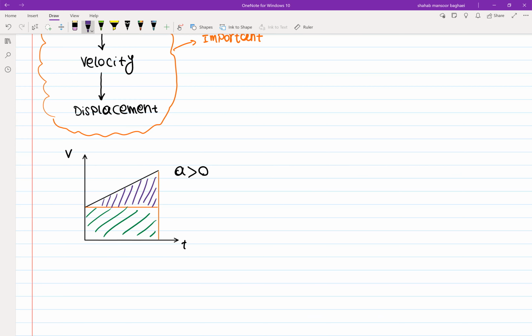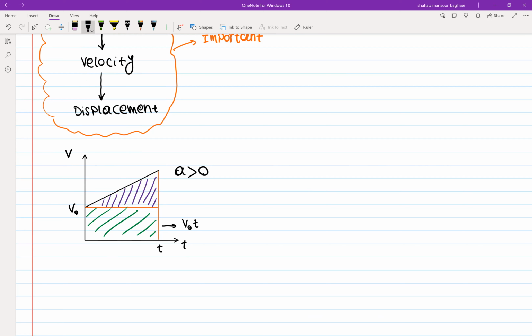In other words, the area under this graph is the area of the green part plus the area of the purple part. What is the area of the green part? You know, this is T, this is V0, because this is the intercept here. Therefore, the area of this part is V0T.